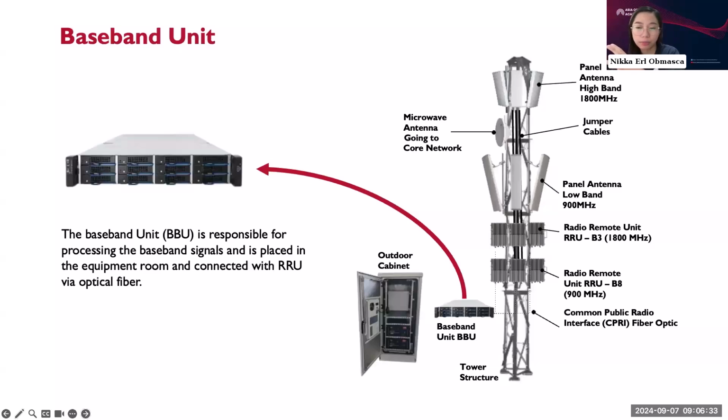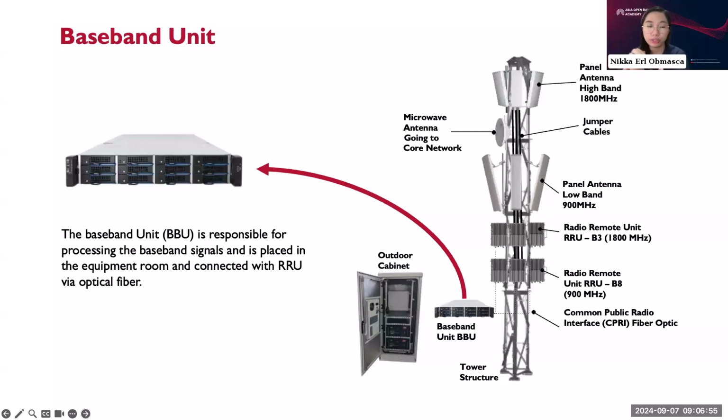So it also manages kung paano nag-interact yung network natin with our phones and tablets or other user equipment. So it decides which users get access to different frequencies, handles handovers between different towers when we're on the go or moving, and manages the overall traffic in a network.